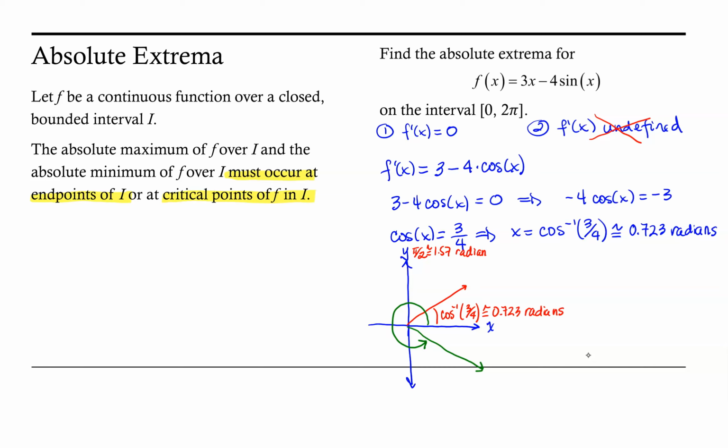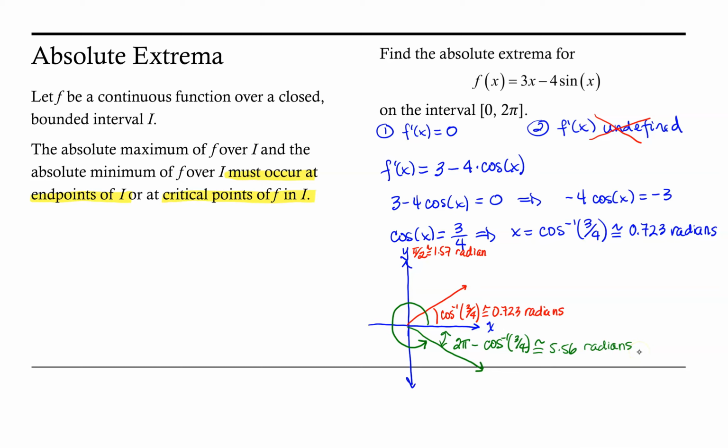So this angle is 2 pi minus inverse cosine of 3/4, which is approximately 5.56 radians.